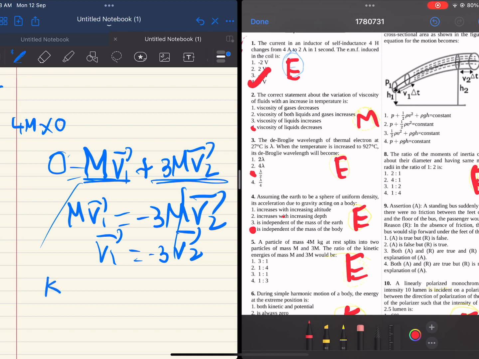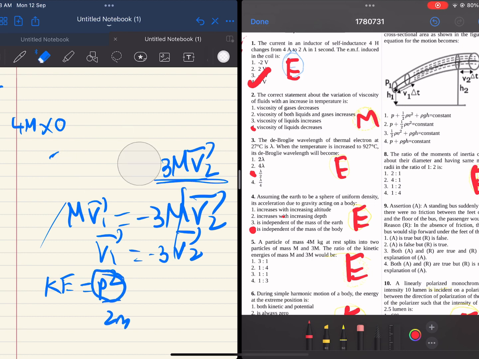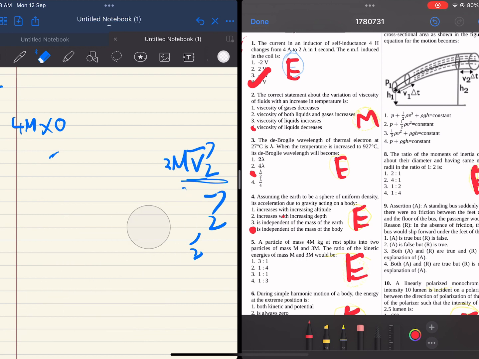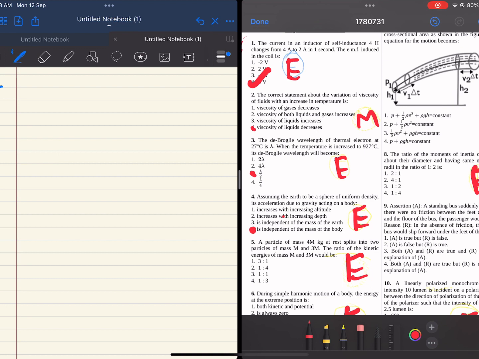Since both their momentums are equal, kinetic energy is inversely proportional to mass. So the ratio of kinetic energy of mass m to kinetic energy of mass 3m will be 3:1. So answer is option 1.